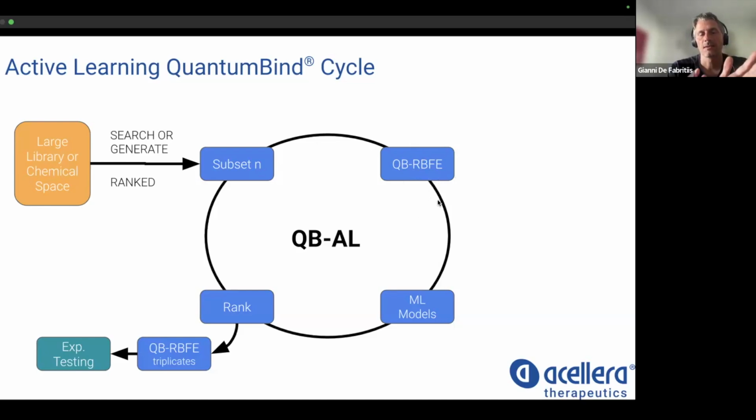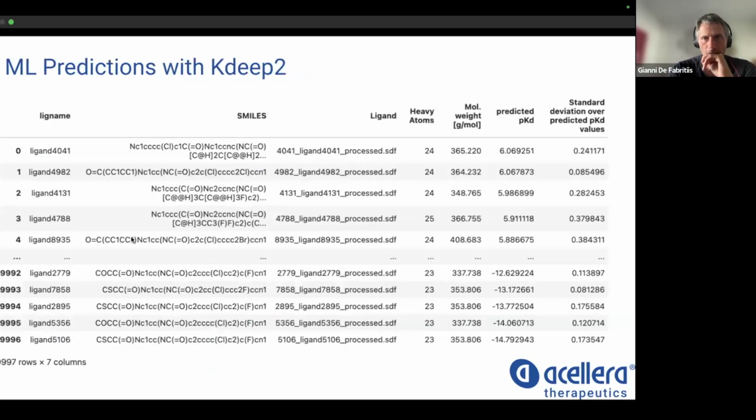We use this data as ground truth. We build a machine learning model, then we can rank much bigger systems with this model, either in a filtering or screening way or in a generative way. We also recently published something in terms of generative, but I won't say anything in this area. We only use the experiment as a way to validate this cycle, not in the critical path of the cycle. If we do that, this is what you get.